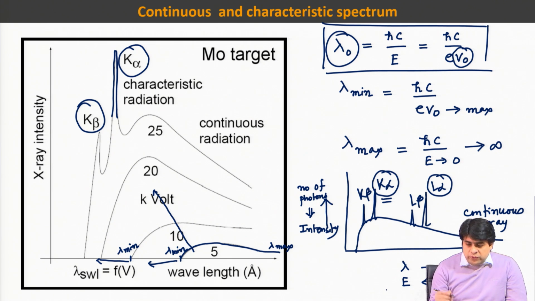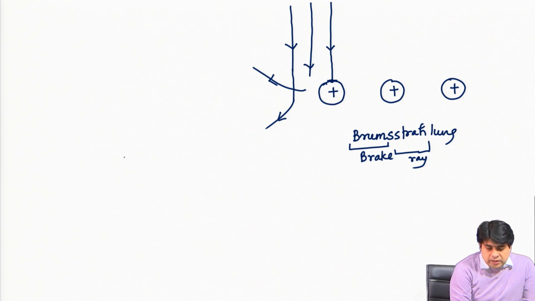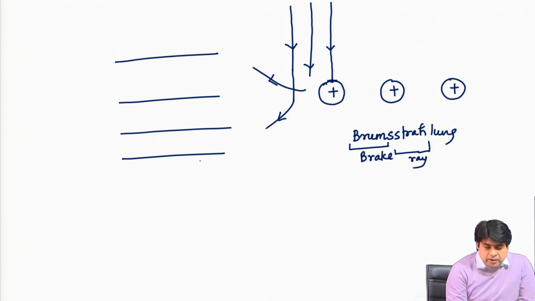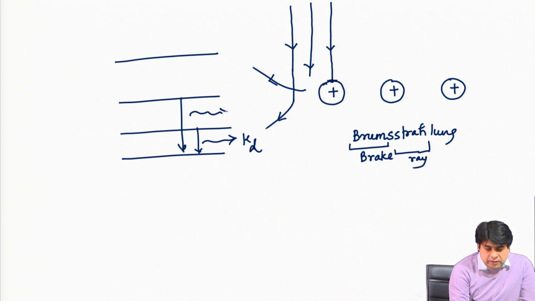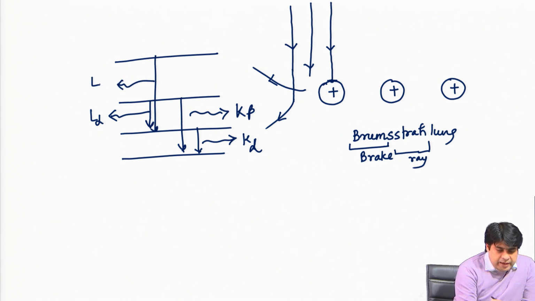Basically, if you see the energy level diagram, this is K alpha, this is K beta, this is L alpha, this is L beta.